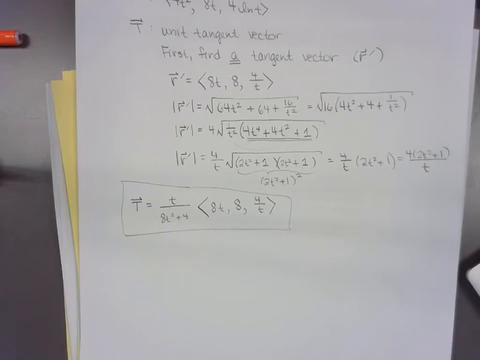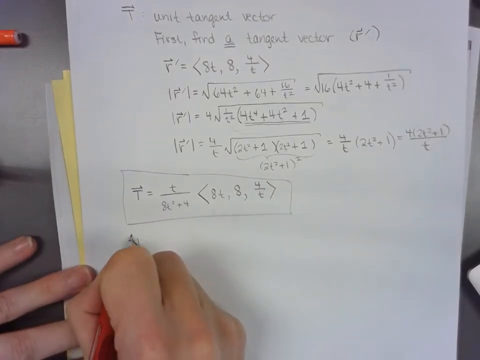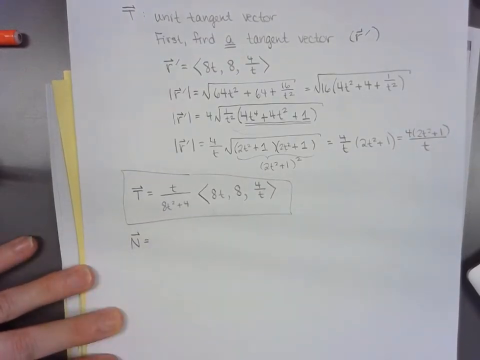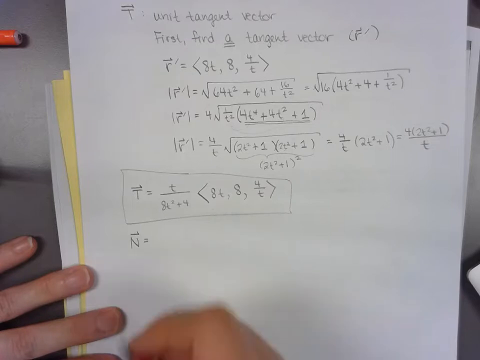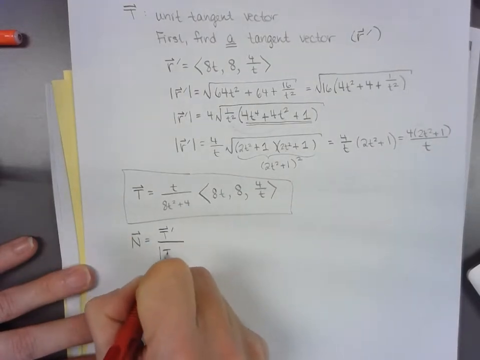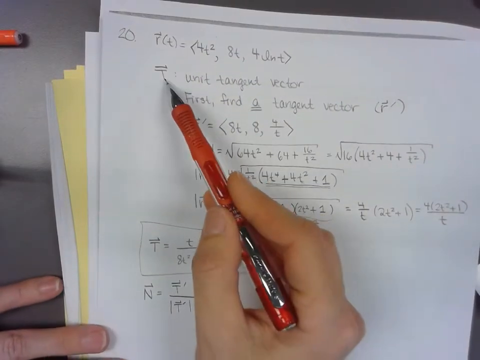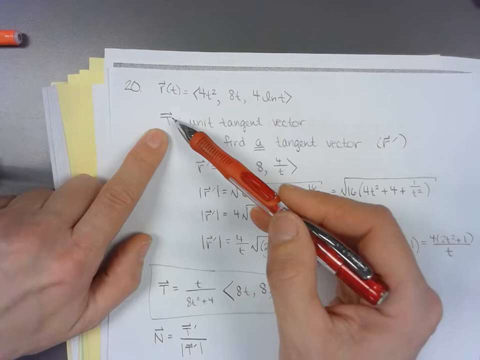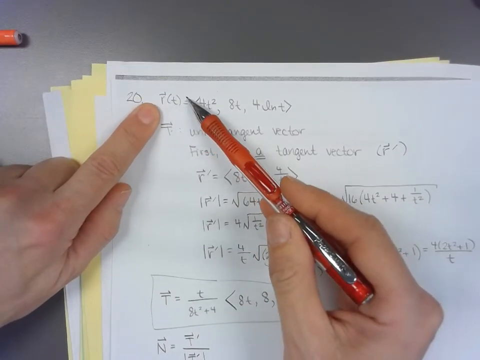So now n, how to get n? This is something you need to remember. N is the principal unit normal, t prime divided by its magnitude. With t, you take the derivative of what you started with and divide by its magnitude.